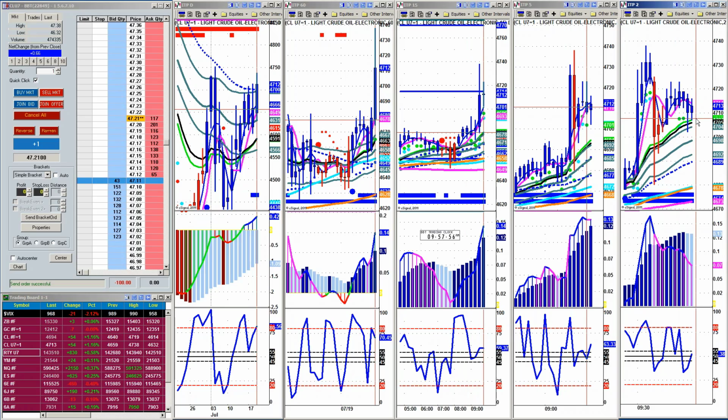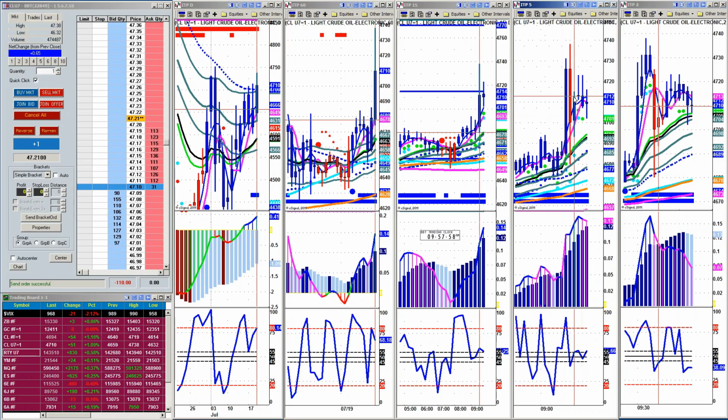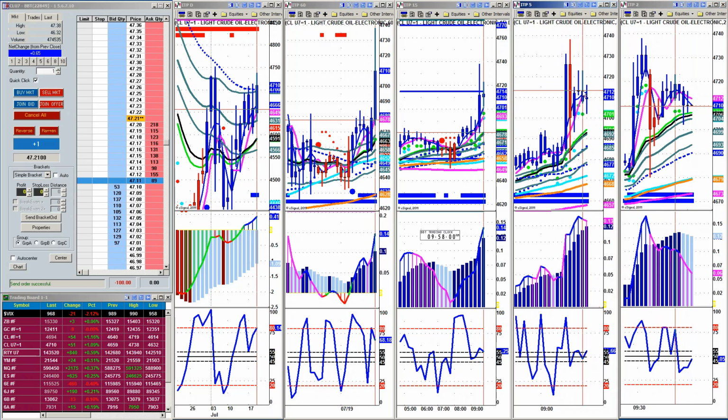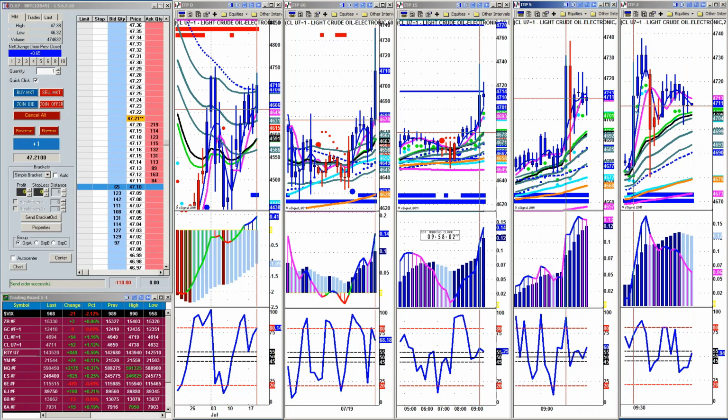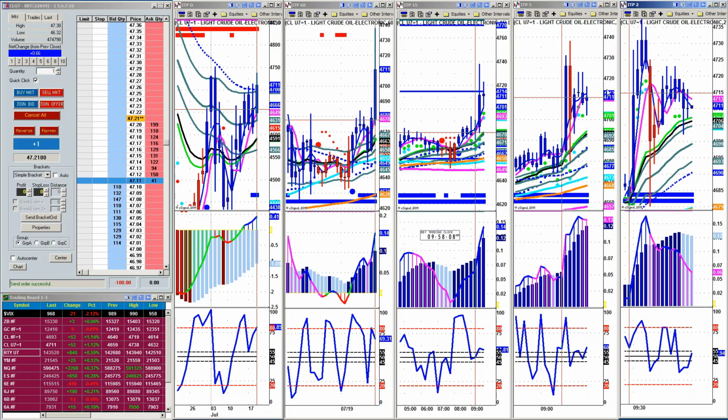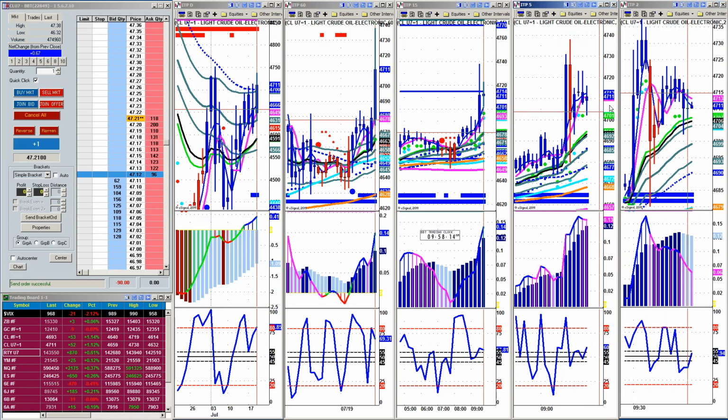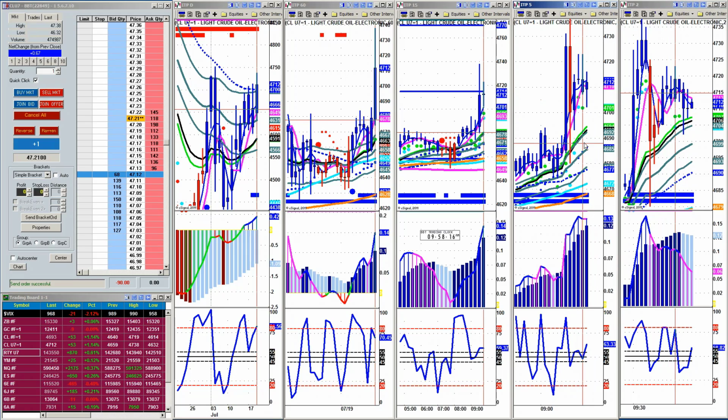Why not add? Well, I'm willing to add under certain circumstances if I'm going with a trend, not against a trend, so on and so forth. But I usually like to do that right down into key support or resistance levels, and we're not really at those support levels.